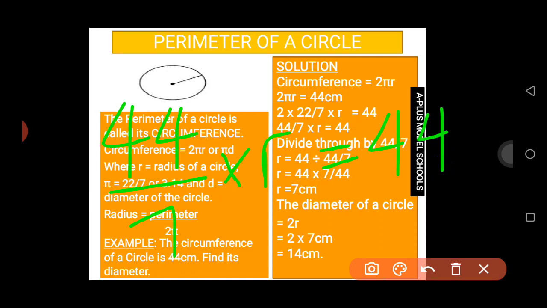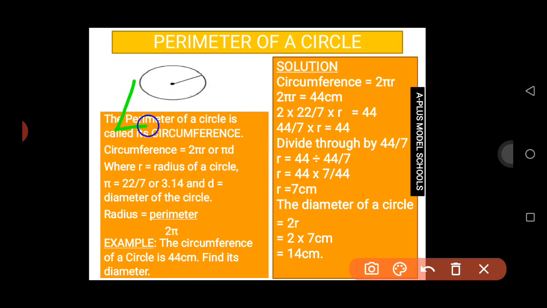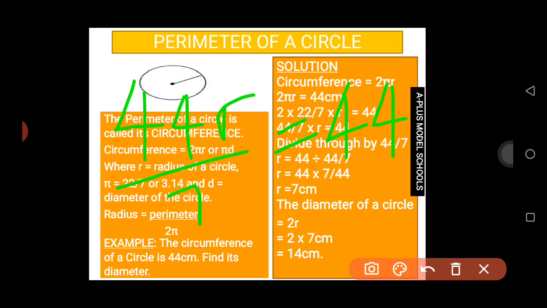Now from here, this is r over 1. So you can multiply numerator by numerator, denominator by denominator, and when you do that, that will give you 44r all over 7 is equal to 44. Are we together? This is still the same thing as 44 over 1.